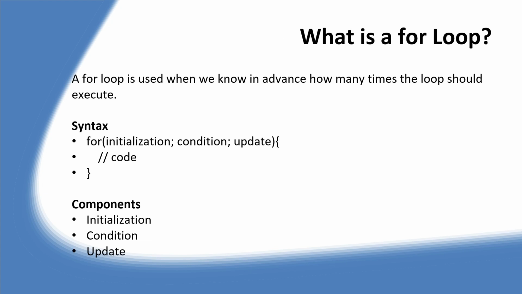A for loop is used to execute a set of statements multiple times, and it is commonly used when we already know how many times the loop should run.